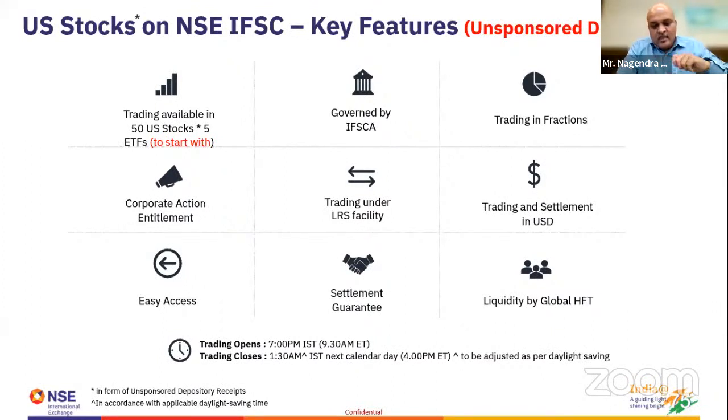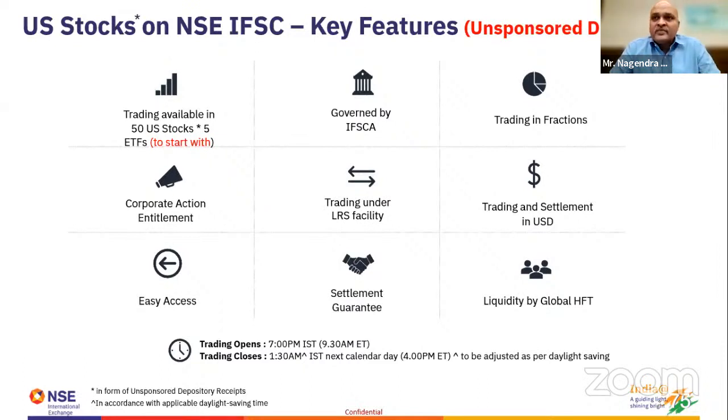So in US markets, when I'm trading in fractions with Robinhood, Robinhood has the inventory. So when I trade, it immediately reflects; since I have an account with Robinhood, Robinhood is holding the inventory of stocks and credits me with the fractional holding. But in IFSCA, if I have to implement fractions, not all members will be that tech savvy, because they have to have a matching platform at their end so that they keep on supplying the inventory.